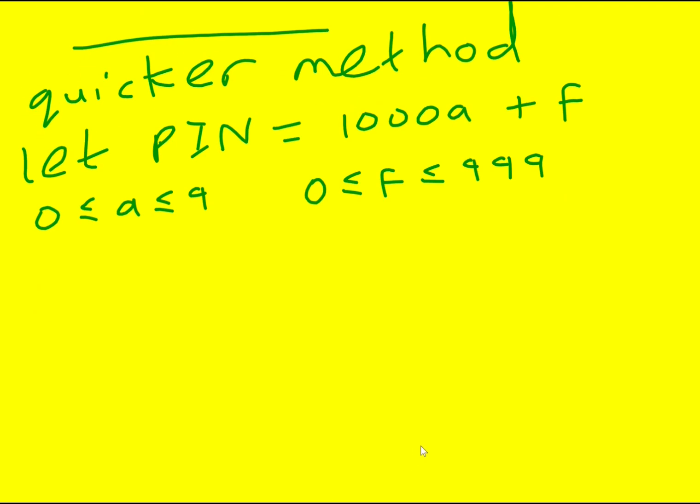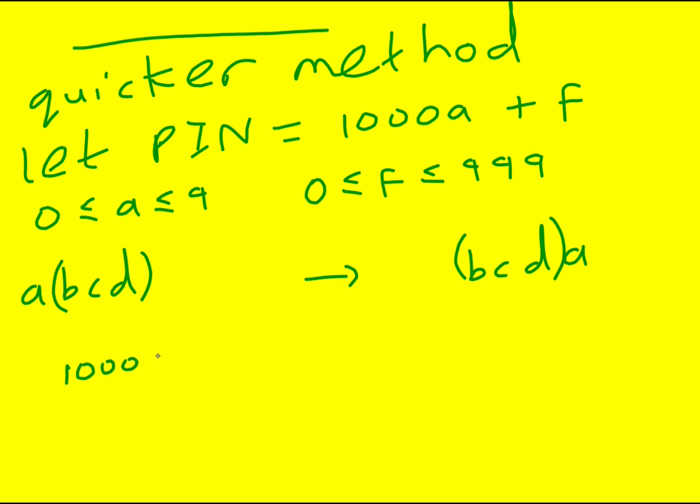So then we move A, remember A, B, C, D goes to B, C, D, A. Okay, but this thing is my F now. So I've got 1000A plus F over here.